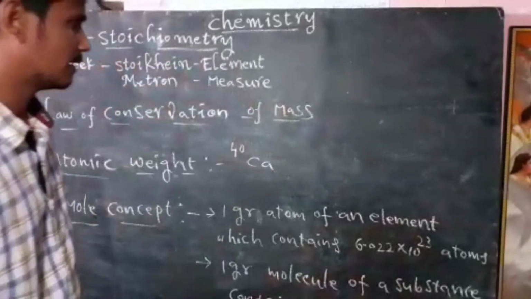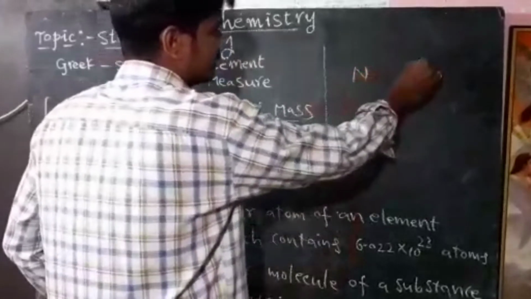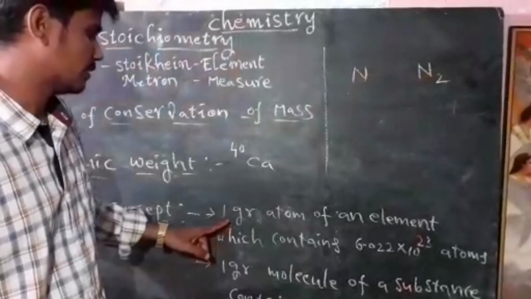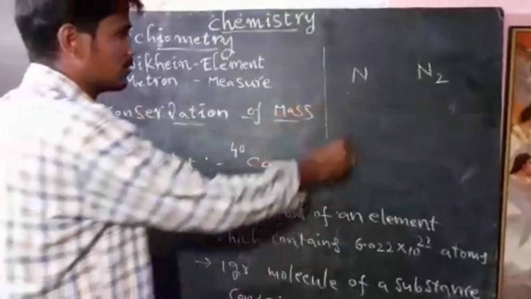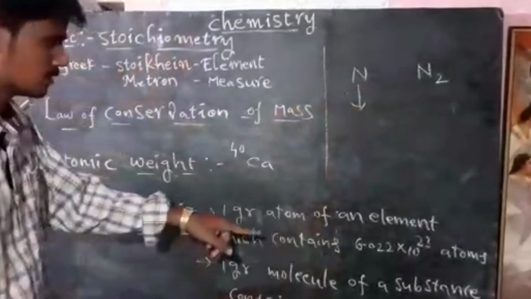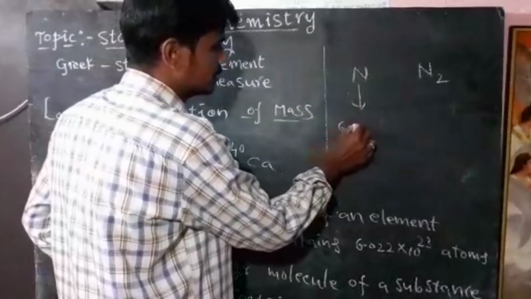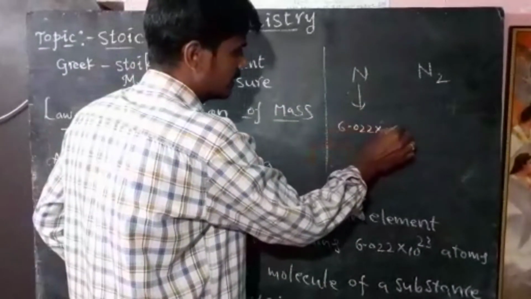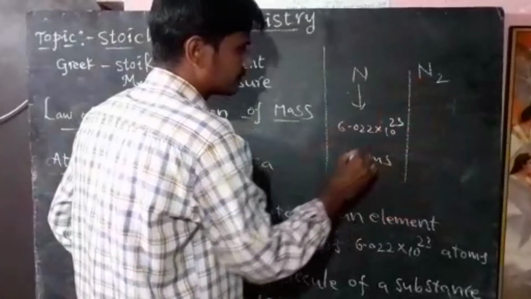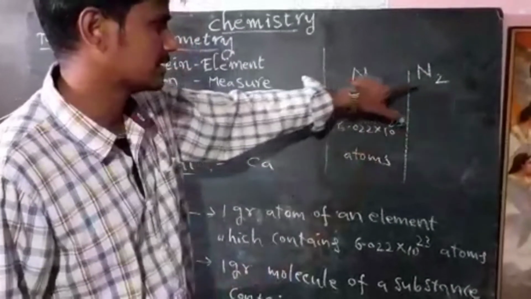For better understanding, take the nitrogen atom and the nitrogen molecule. 1 gram atom of nitrogen contains 6.022 into 10 to the power of 23 atoms, whereas 1 gram molecule of nitrogen, this is the nitrogen atom, this is the nitrogen molecule.